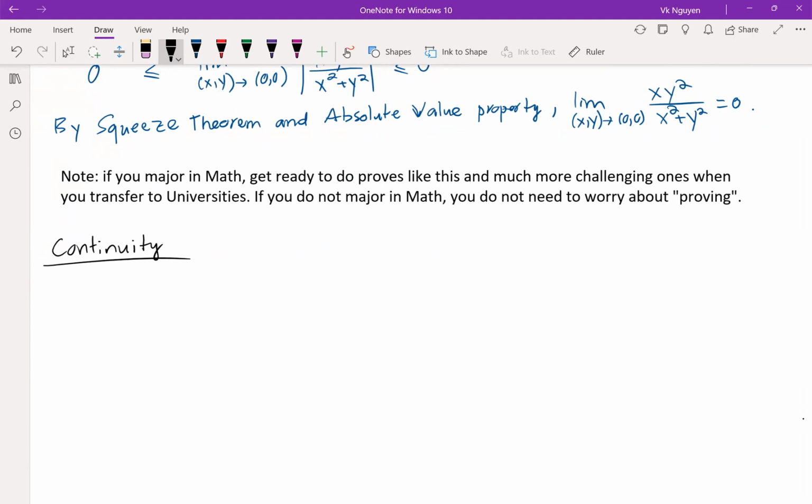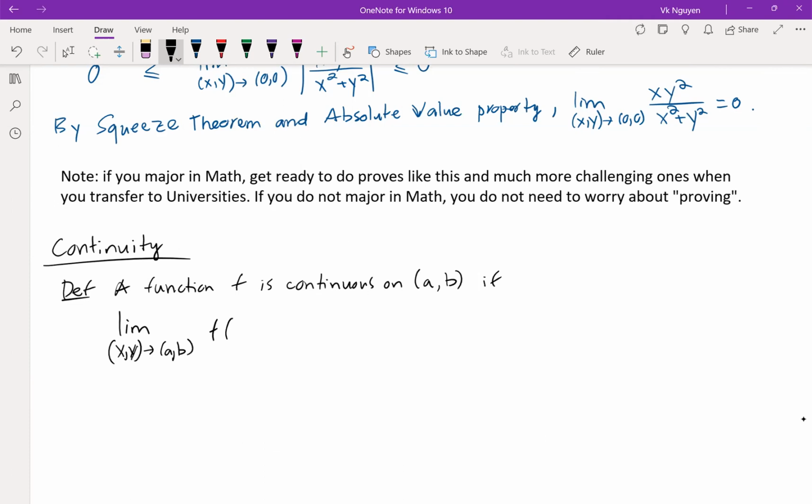Continuity. Definition. A function f is continuous on (a, b) if the limit as (x, y) goes to (a, b) of f(x, y) has to exactly equal f(a, b).